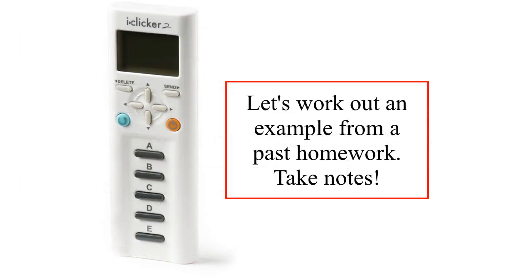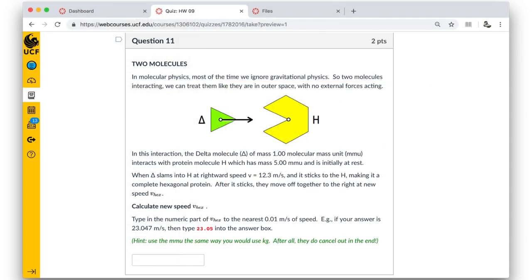Anyways, let's get going. We're going to work an example in class now from an old homework assignment that I dug up, and you'll see it's from another semester. Here's the basic setup. These two weird polygons, one is kind of Pac-Man shaped, that's a sevenagon, and the other one's a green triangle. I call the green triangle the delta molecule, and the yellow one the H molecule.